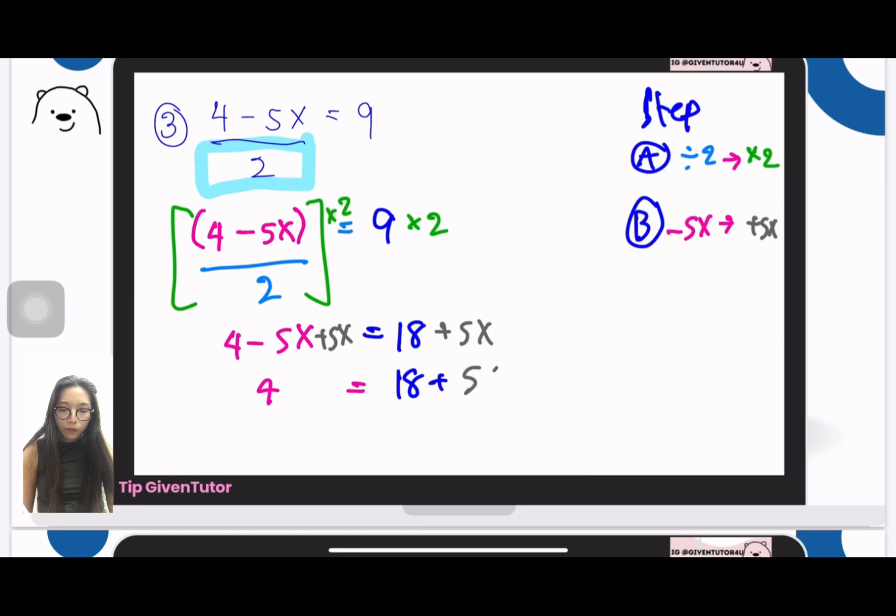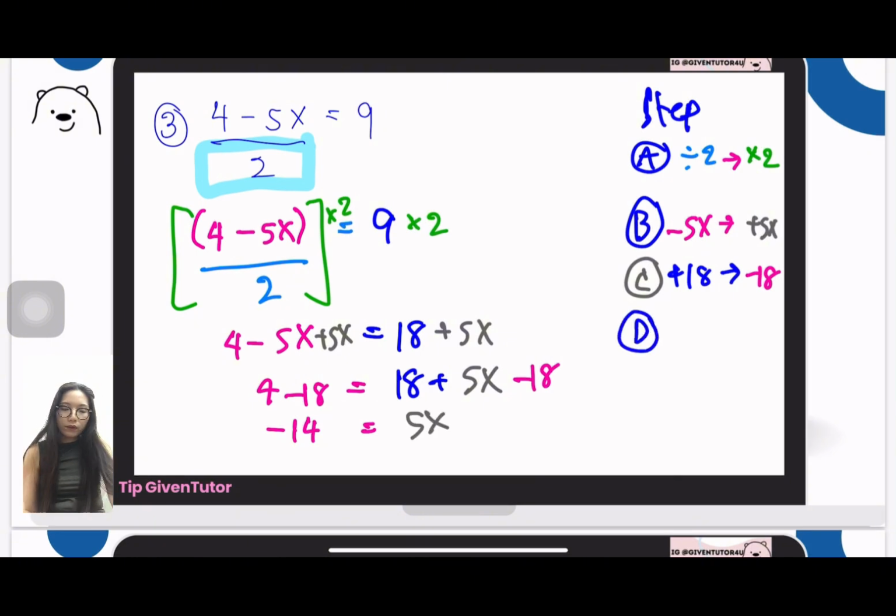So after that, step C, you will minus, right? Because this is plus 18, so we will do minus 18. It will be minus 18 here, minus 18 there. So what we get right here is minus 14, and we have 5x.